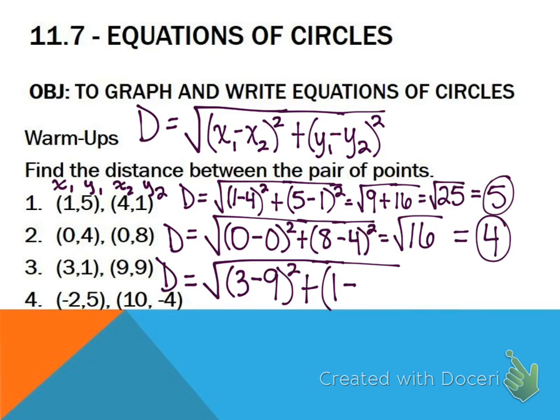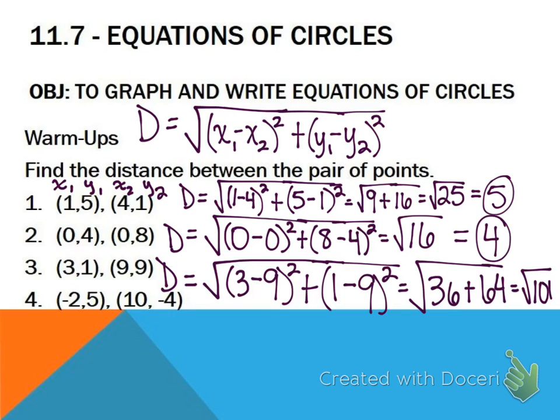Minus my other y, 9. Now, if in your first parentheses you had 9 minus 3, then in your back parentheses you better have 9 minus 1. One of these is flipped, they both have to be flipped. Equals 3 minus 9. -6. -6 squared is 36. Plus 1 minus 9. -8 squared is 64. When we add those, we get 100, and the square root of 100 is 10. So that's my distance for number 3.